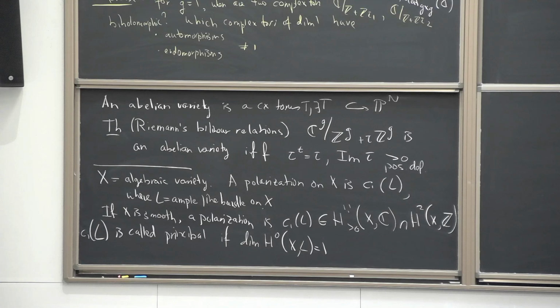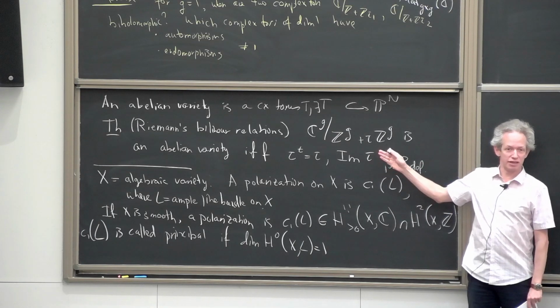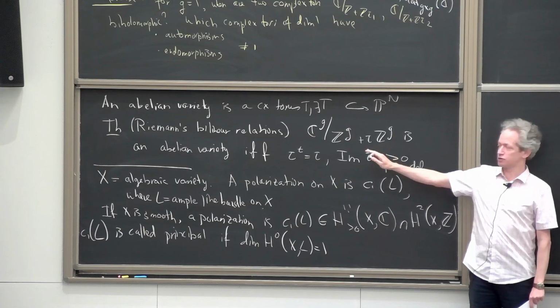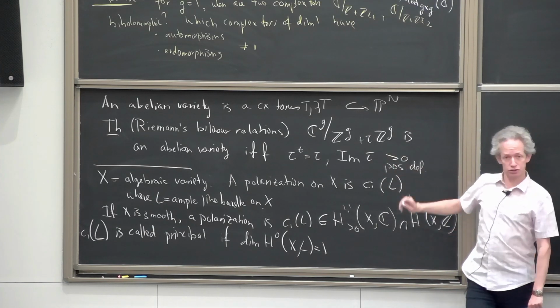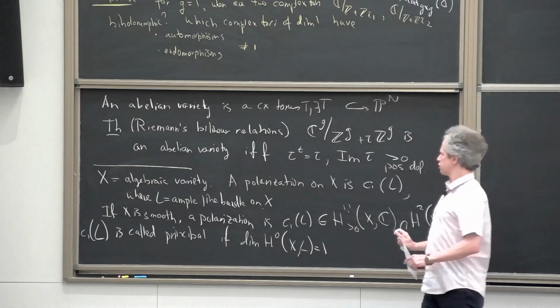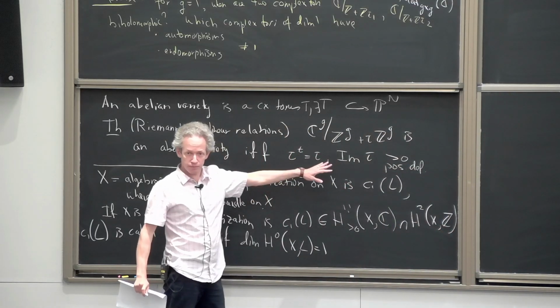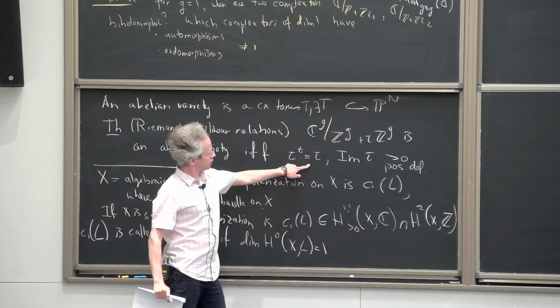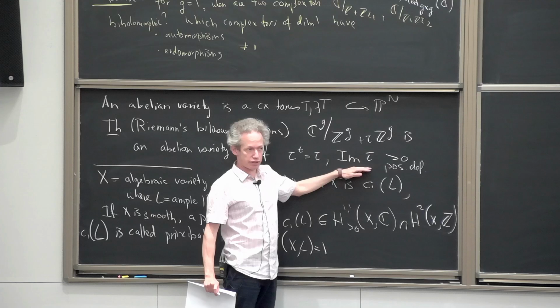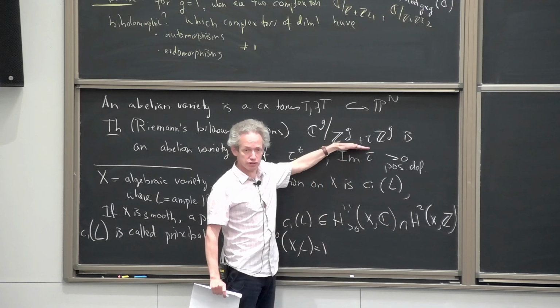Okay, I'm good. So I now want to tell you an ad hoc, I guess the physicists would like to say the word ansatz. I'm not going to say the word ansatz, for why this is true. Given any tau, which is like this, right? So it's a g by g complex matrix, which is symmetric with positive definite imaginary part, I want to tell you how to define a principal polarization on this quotient.